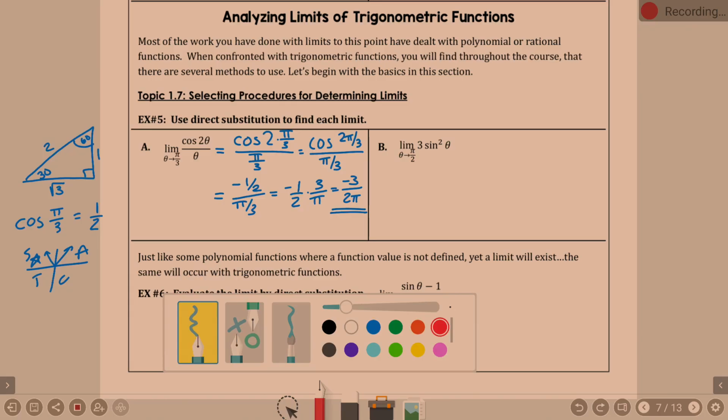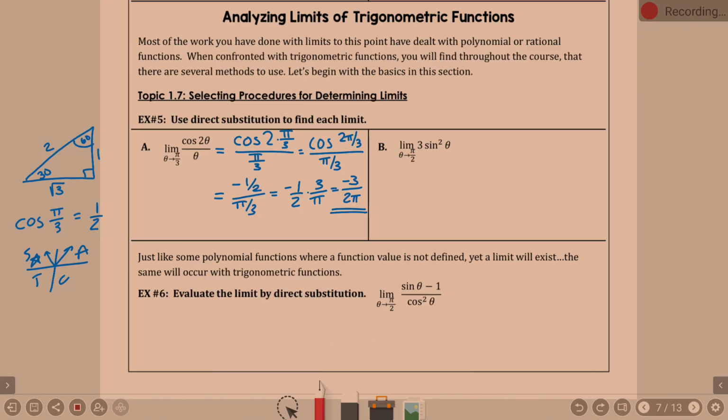Okay, B. Have you looked at B? Limit as theta approaches pi over 2 of 3 sine squared theta. So realize it's 3 times the sine of pi over 2, and you're going to square the result of the sine of pi over 2.